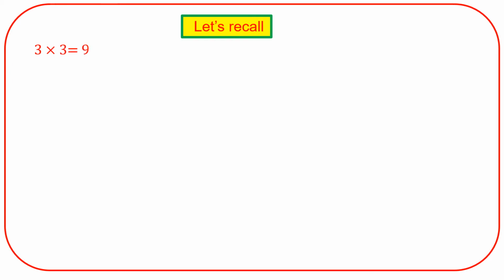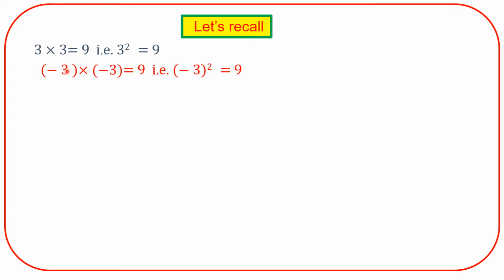3 into 3 is equal to 9, that is 3 square is equal to 9. Minus 3 into minus 3 is equal to 9, that is minus 3 square is equal to 9.